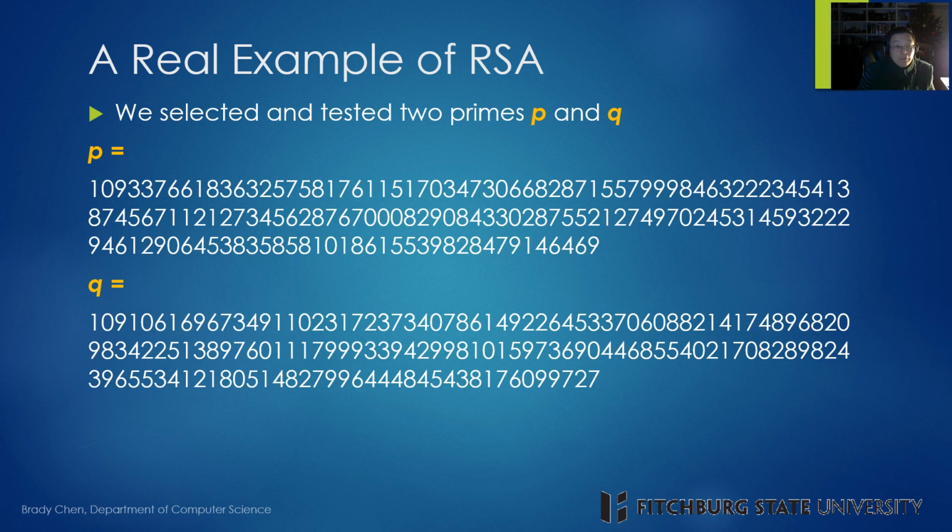This is the first number, P. Think about this number, 1, 2, 3, 4, 5, 6. I don't know the number of digits in this number. That's a big number, right? And the other one is Q.